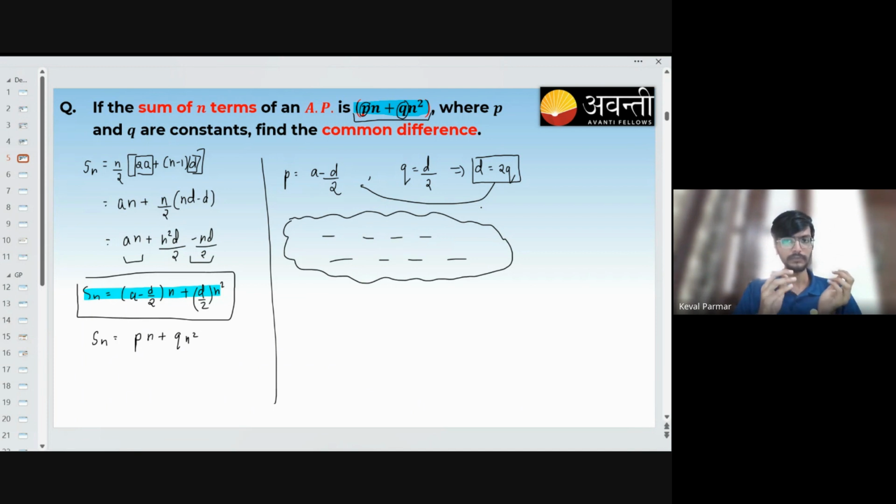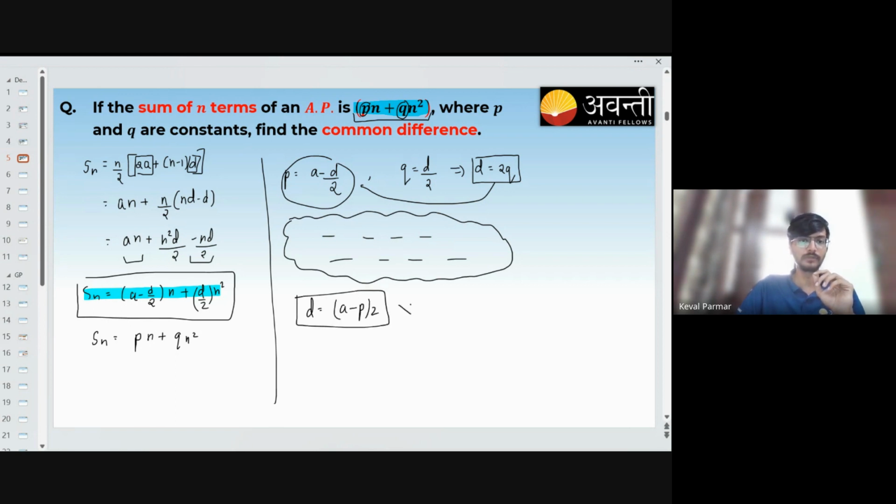Because D equals 2Q, I can write Q because Q is given. Here I cannot leave the answer as D is equals to A minus P into 2. I cannot give this answer to them. Why? Because this is in terms of A and A is a variable I have assumed. I hope it is clear. Clear, guys? So D equals 2Q is my answer.